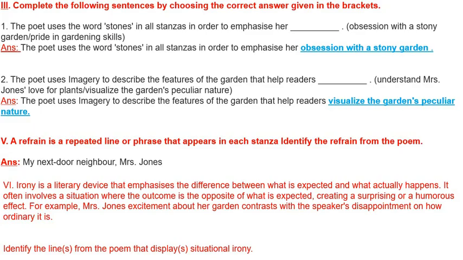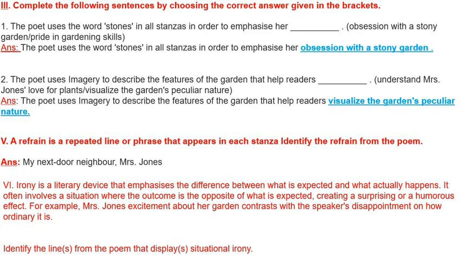Next one. Irony is a literary device that emphasizes the difference between what is expected and what actually happens. It often involves a situation where the outcome is the opposite of what is expected, creating a surprising or a humorous effect. For example, Mrs. Jones' excitement about her garden contrasts with the speaker's disappointment on how ordinary it is.